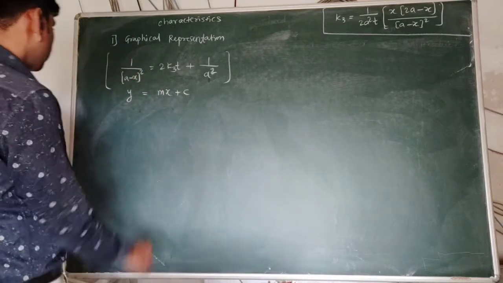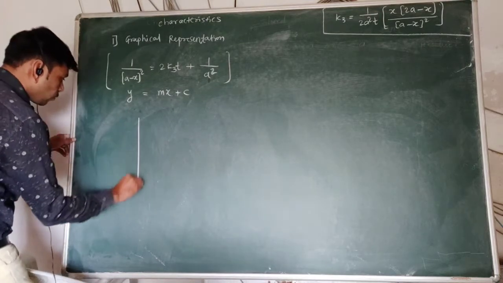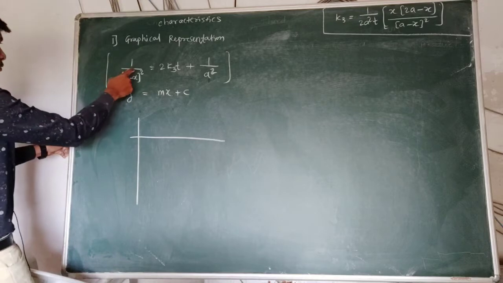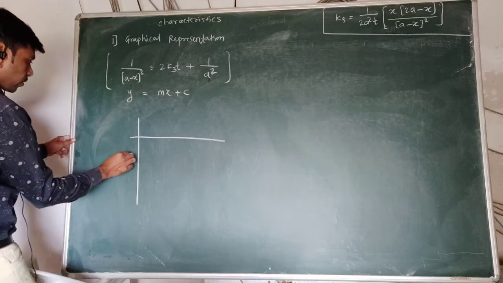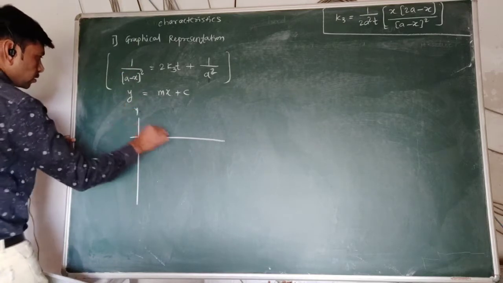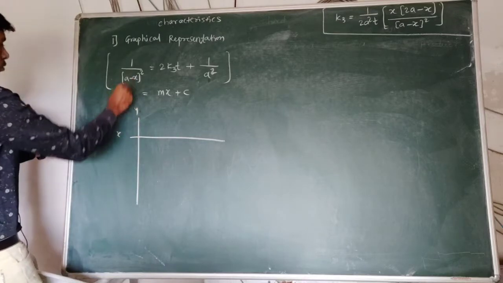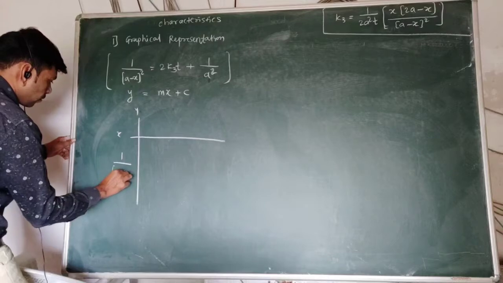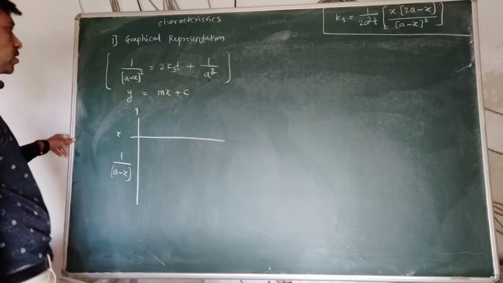When compared, what is the value of y? In the graphical representation, this is the y axis, this is the x axis. On the y axis we get the value 1 upon a minus x square.